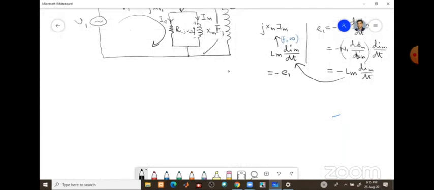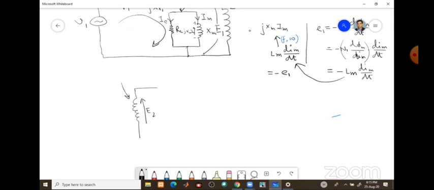Now we have to draw the secondary also. In the secondary also you can take an ideal coil which is giving some voltage E2. Here it is giving E1, there it will have some E2.